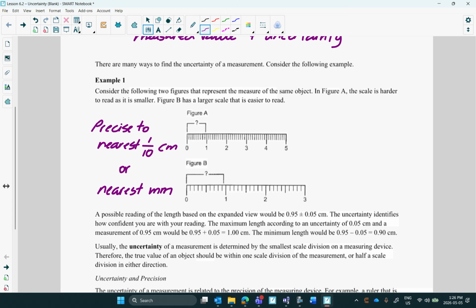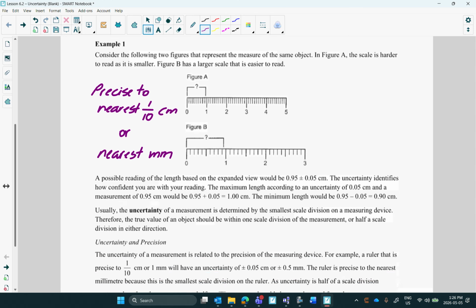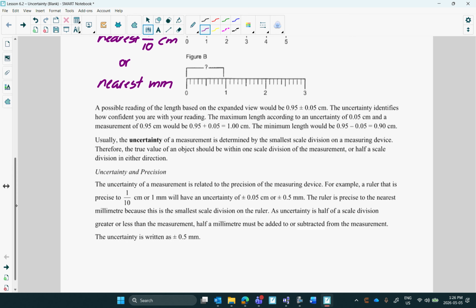Okay? Now, how do we calculate the uncertainty value that we add? Well, what we do is, the uncertainty value is always the smallest scale on the measuring device. And because we want that uncertainty to be in either direction, we divide it by 2.